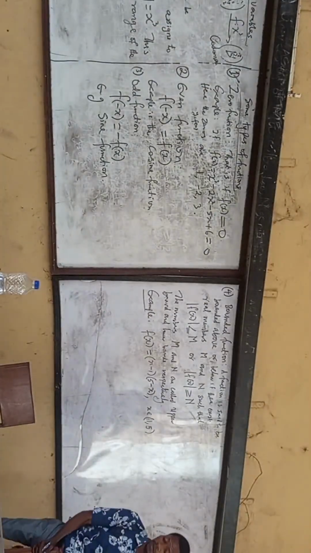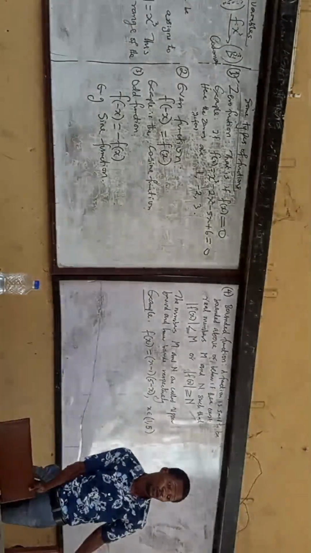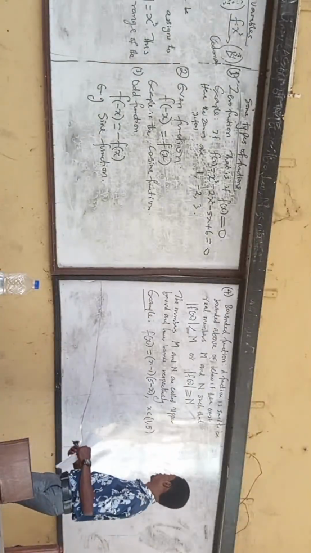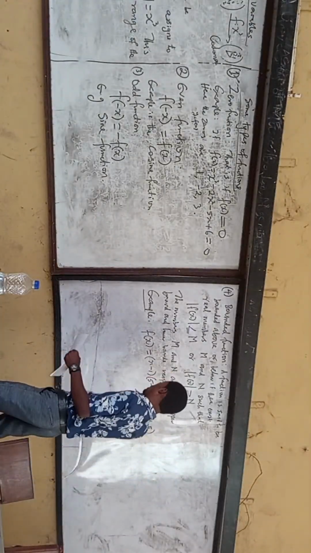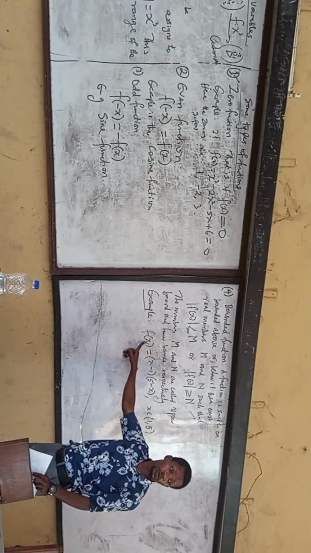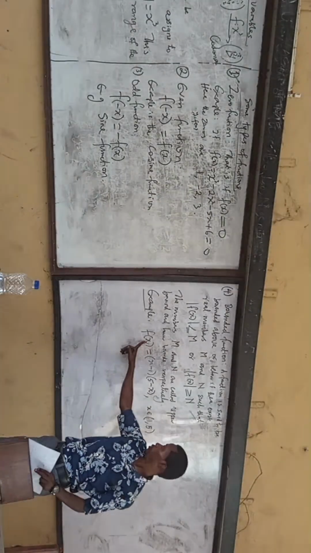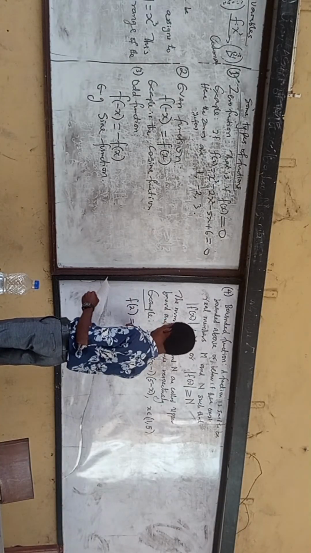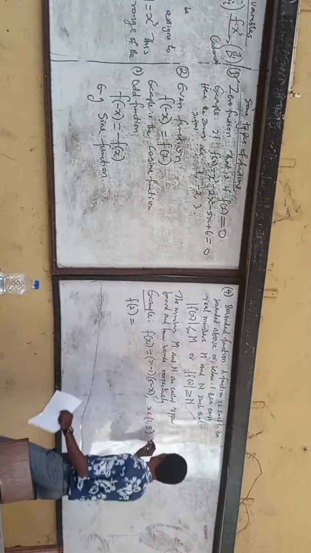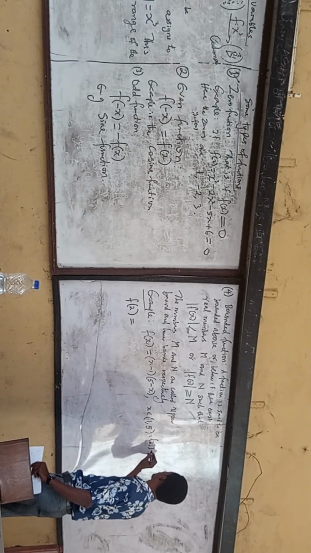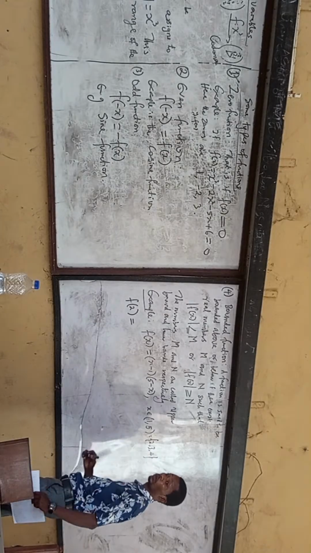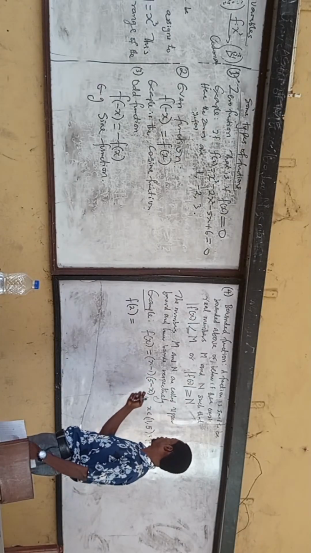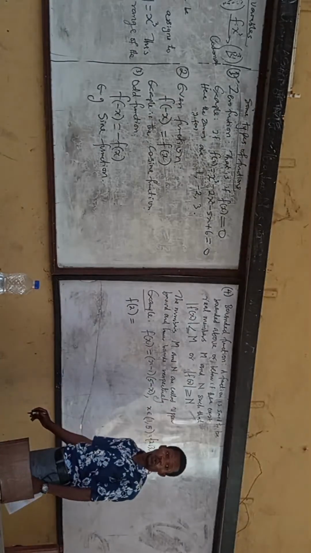In that interval, what are the values of x? 2, 3, and 4. So it means we just look for f of 2, f of 3, and f of 4. If you do f of 2, what do we get? What's f of 2? 3.